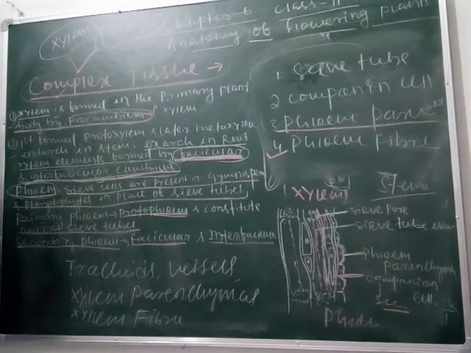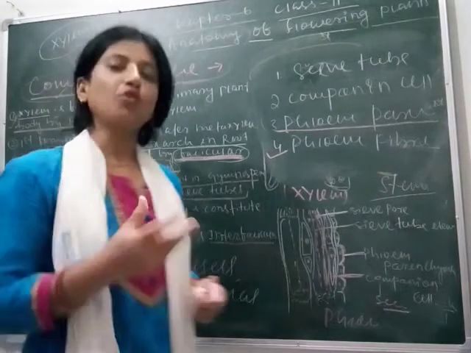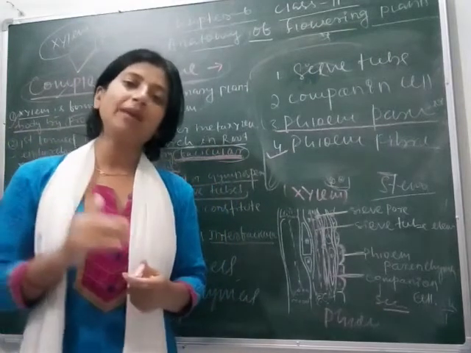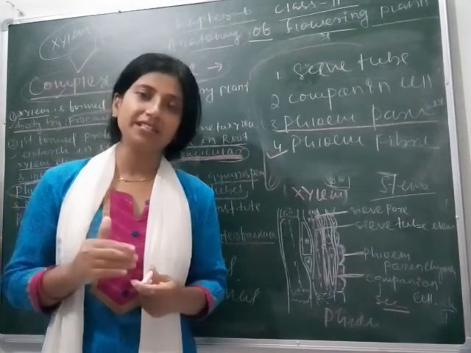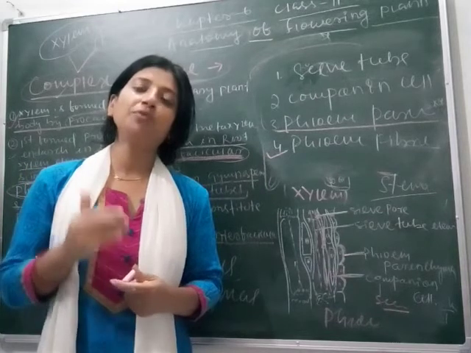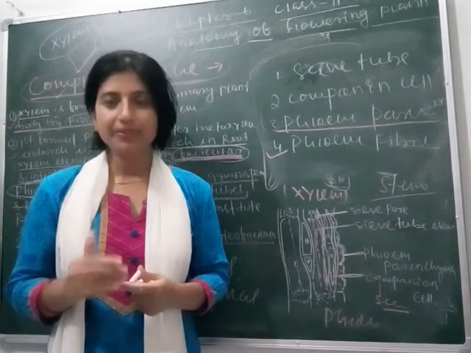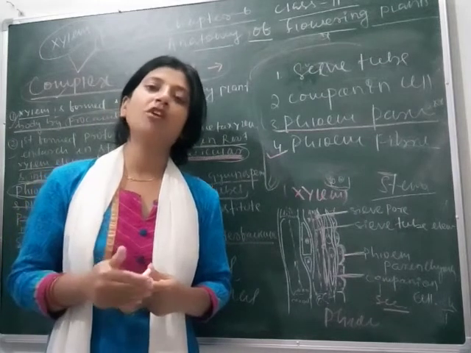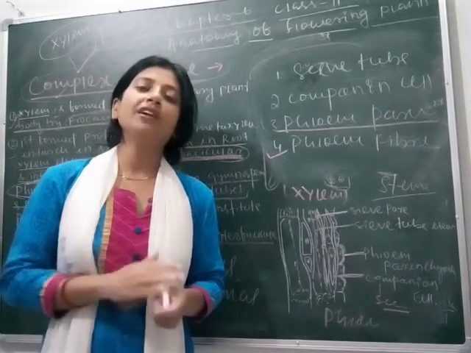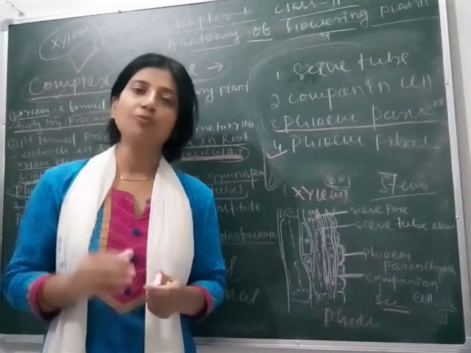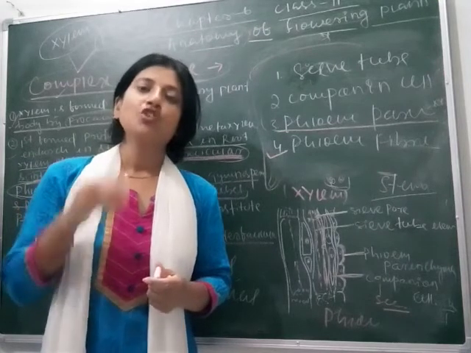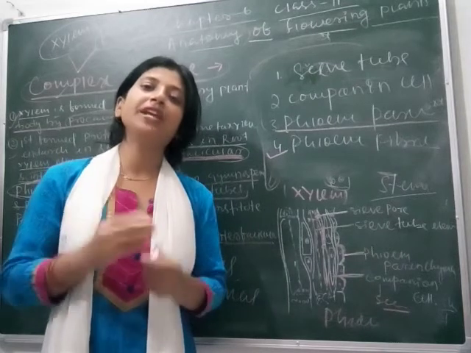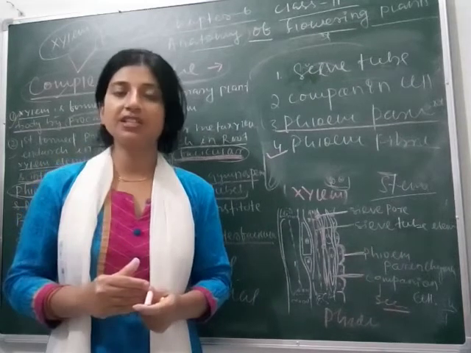Like your metaxylem and protoxylem, here also protophloem and metaphloem are present. Initially formed phloem is called protophloem and later formed phloem is called metaphloem. Overall, their function is transportation, storage and giving strength to the tubes during their long distance transportation.